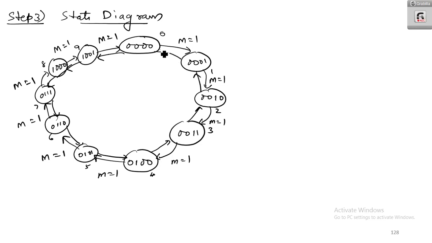In all these transitions m is equal to 0. That means for up counting, the value of mode is taken as 1, and for down counting, the value of mode is taken as 0. Okay. Now see here, if you are coming into these cases, we can only count up to 9, right?